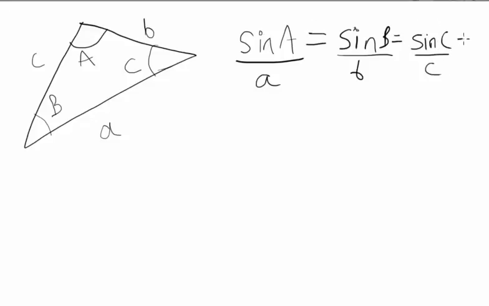Let's call this lambda. One thing to note about the law of sines is that it relates the sines of the angles to the sides. You can see that the ratio of the sine of an angle of a triangle divided by the corresponding side is equal to some constant, and all of these ratios are equal to each other.